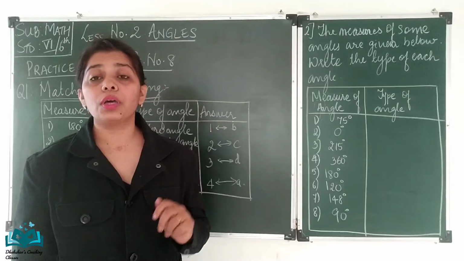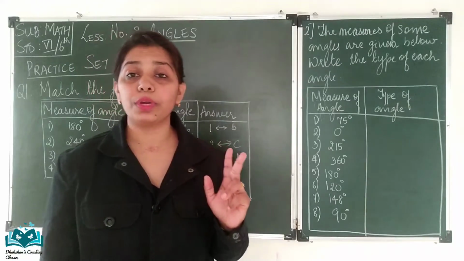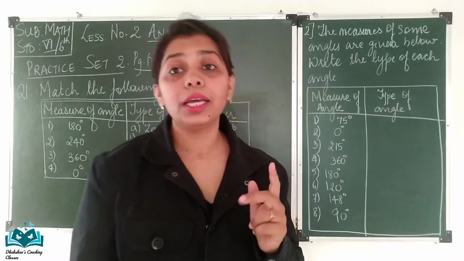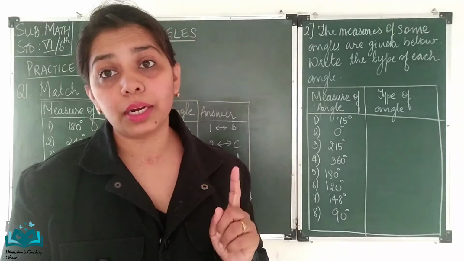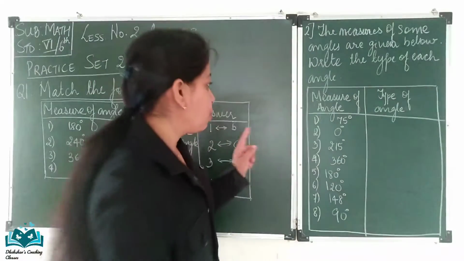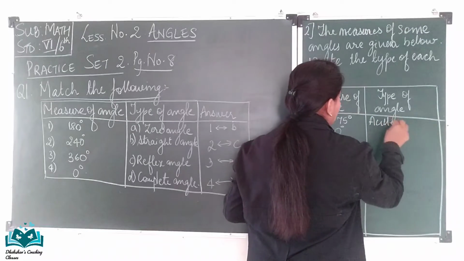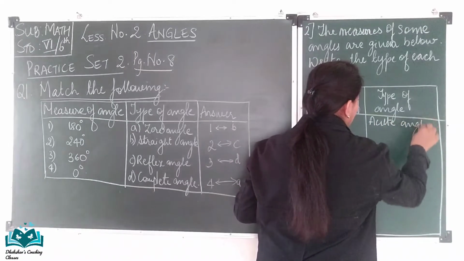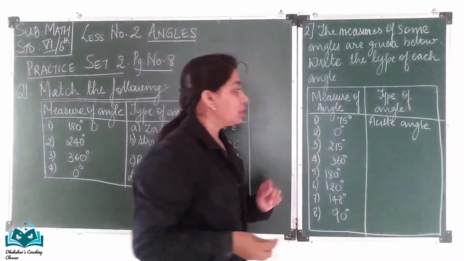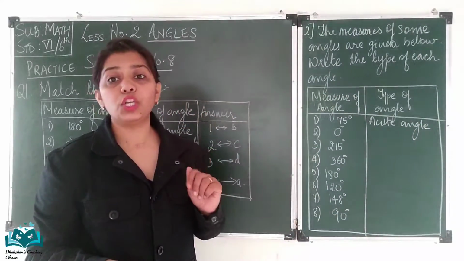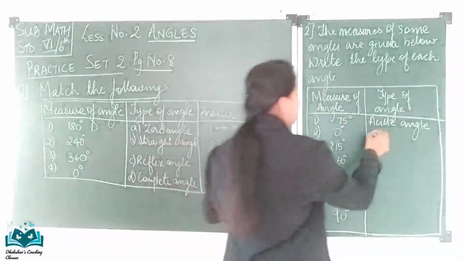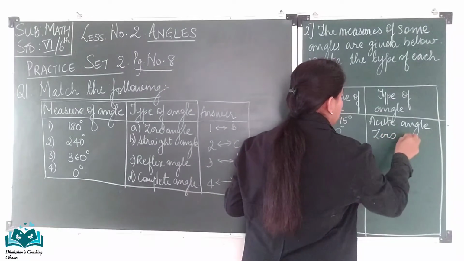It will be your acute angle whose measure is less than 90 degree but greater than 0 degree. So the first type of angle is your acute angle. The second one is 0 degree given. So the angle will be 0 angle.